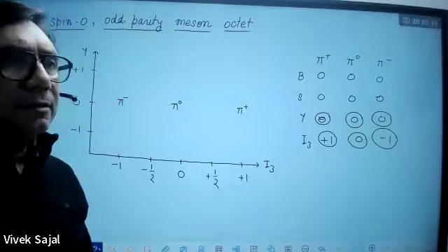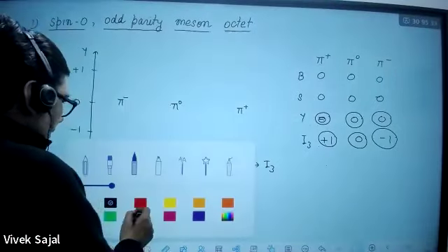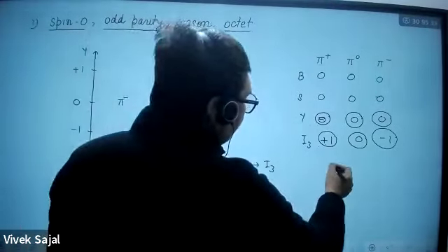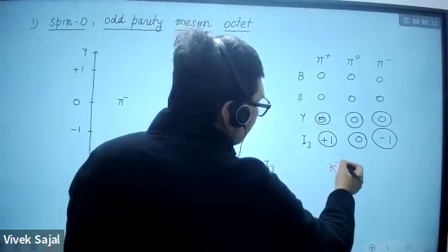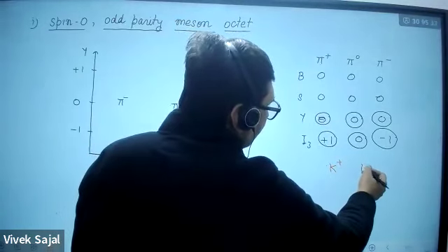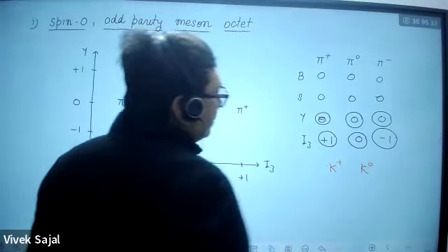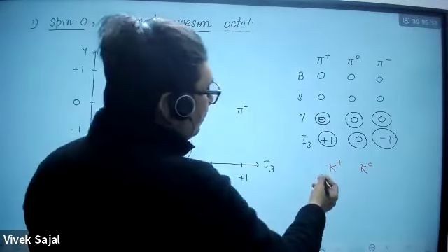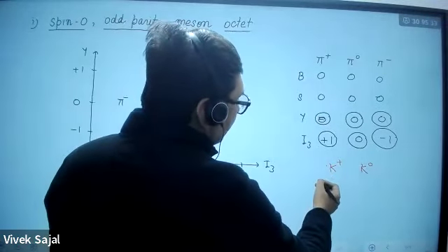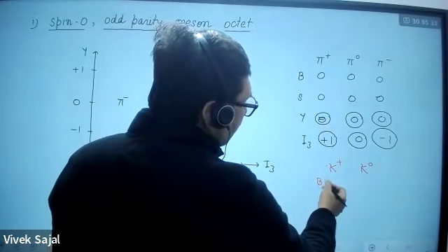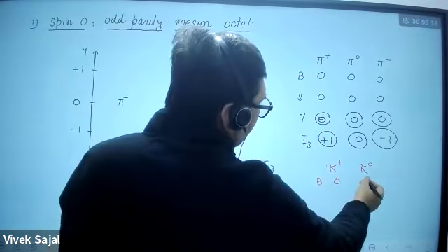Second is K plus and K naught. They are not baryons, so B will be 0.